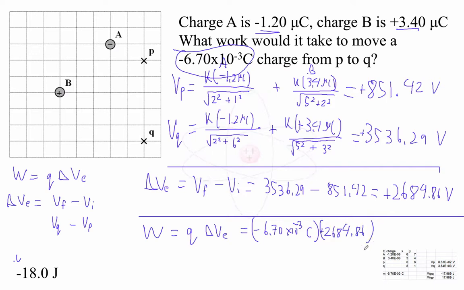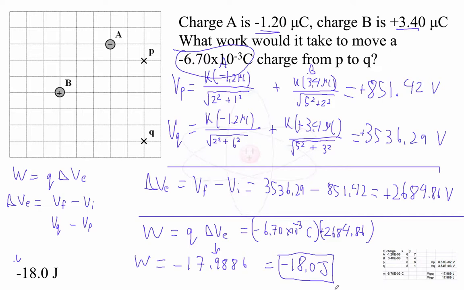So I'm going to multiply by negative 6.7 E minus 3, and I get that the work is negative 17.9886. And now the hardest thing is, how do we write that with 3 sig figs? We're rounding to this spot. Clearly we round up, which makes it negative 18.0 joules. Clearly, unless it wasn't clear, and then I sort of insulted you.